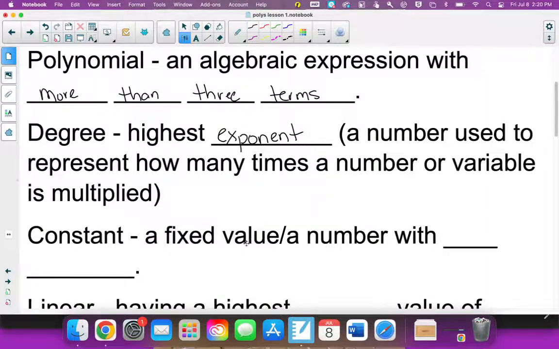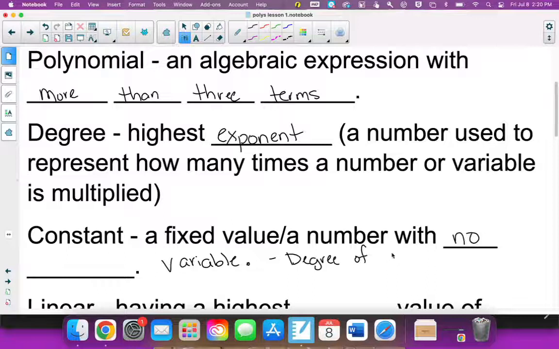Okay, so a constant is a fixed value and it is a number that has no exponent. So no variable. All right, so basically the constant is a degree of 0.